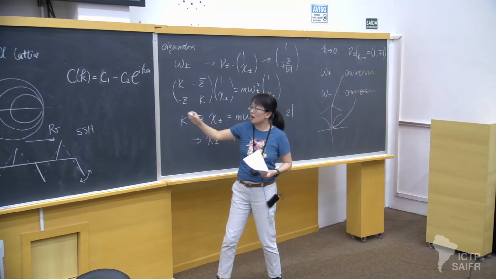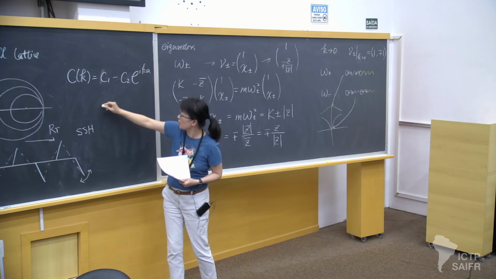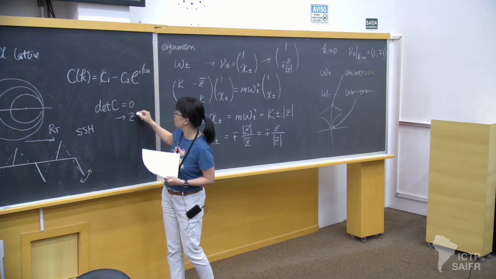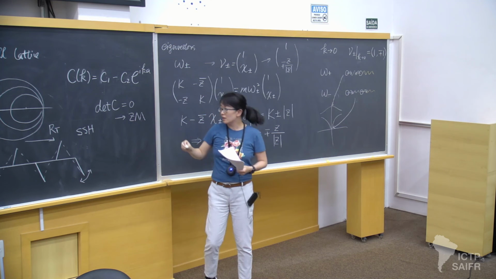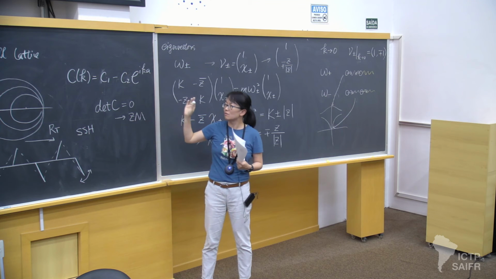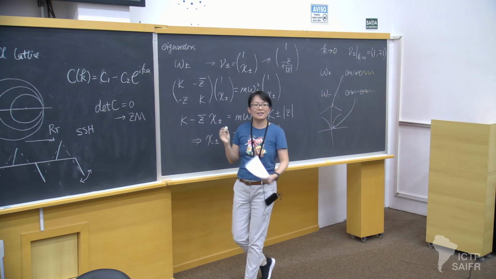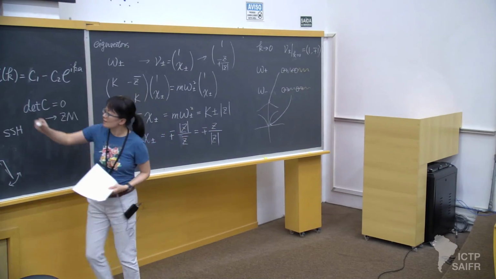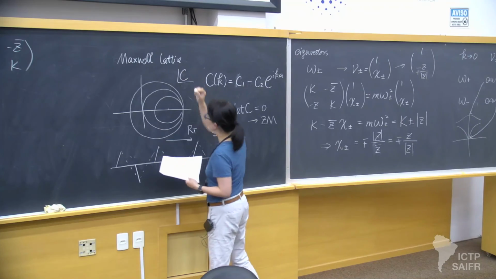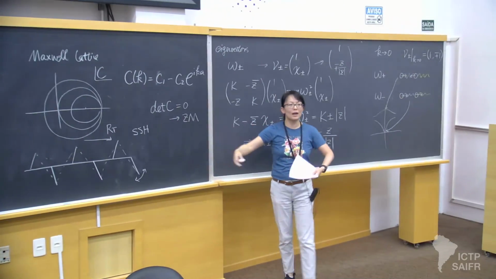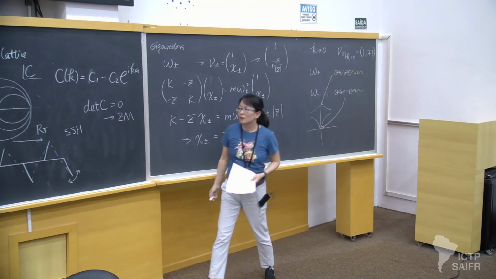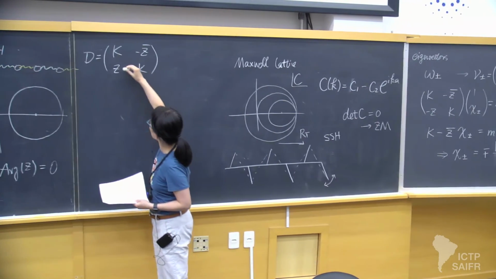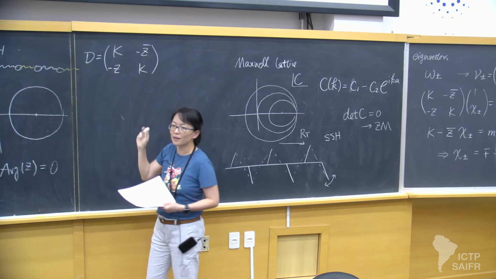You ask about this C matrix because, remember, in general, determinant C equal to 0 are the zero modes, and I care about when the modulus of this C as a complex function goes to 0. This complex plane counts the phase winding of the C matrix, which is different from this case, where I ask how the phase of this Z winds.